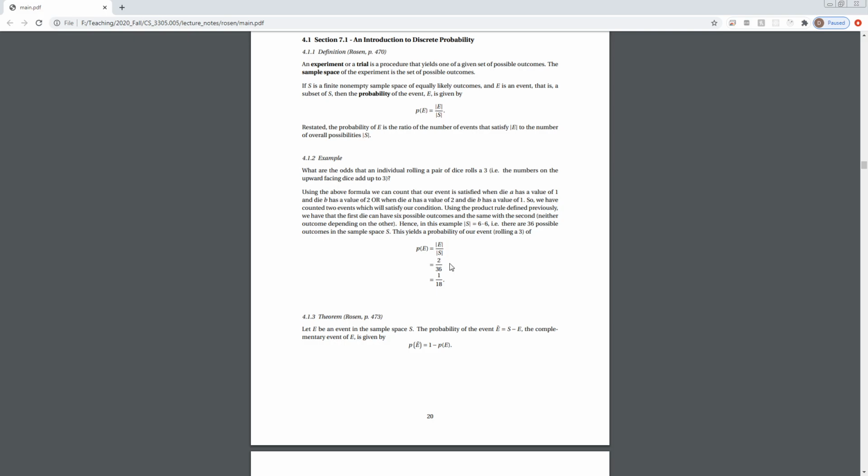You can roll anywhere from a 2 to a 12, but each of those possible events has a different probability, so your sample space is derived from this ordered set. So the probability of rolling a 3 is 1 out of 18. One out of every 18 times you roll 2 dice, you would get a 3.